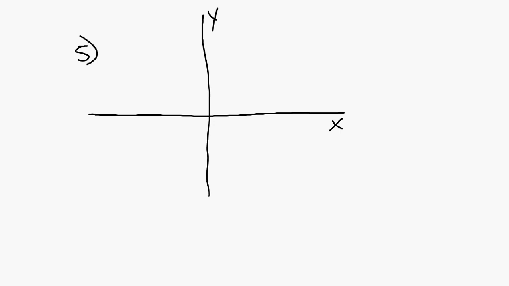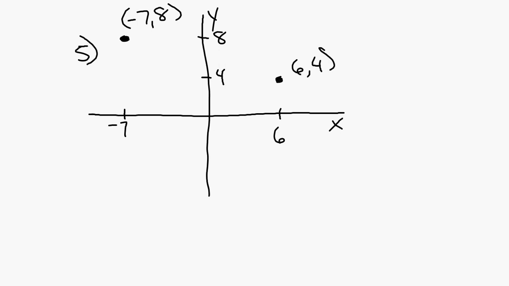So -7 and 8 would be here. -7, 8. Subway shop. Your house is located at 6, 4. 6 and 4. What is the distance to the nearest unit between your house and the subway shop?